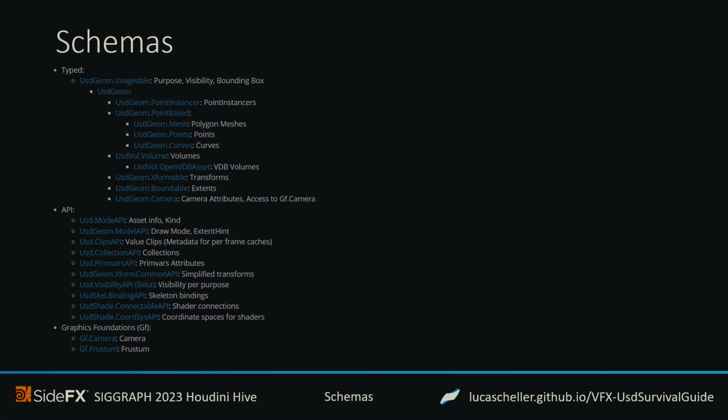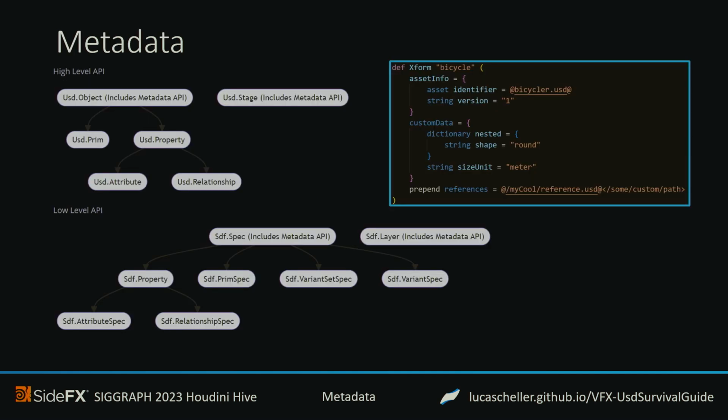These are the schemas you'll interact with the most. API-wise, you just give it your Prim, and then you get all the getters and setters and extra methods for manipulating the data on the Prim that is relevant to schemas. Here's just a list of the most used ones.